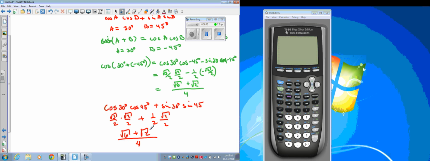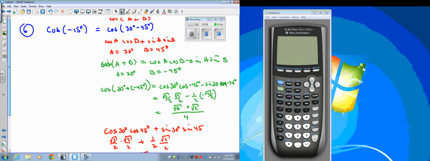All I'm doing is showing you that you have to pay attention. Whichever way you use it, it'll work out right. It's just that I have to get a negative 15. So if I'm going to use the difference here, then I have to use a positive 30 and a positive 45.